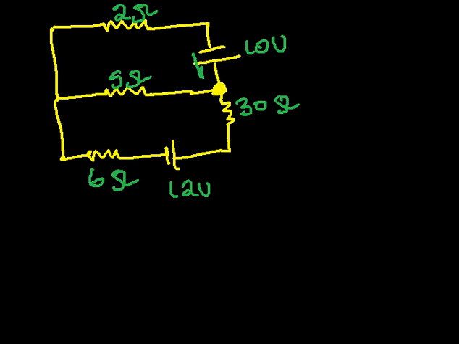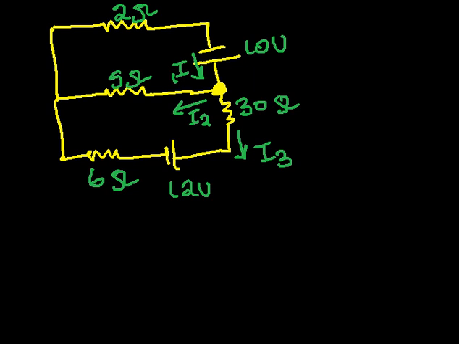So I1 flows towards the junction, and let's say we have I2 flowing away from the junction, and also I3 flowing away from the junction.